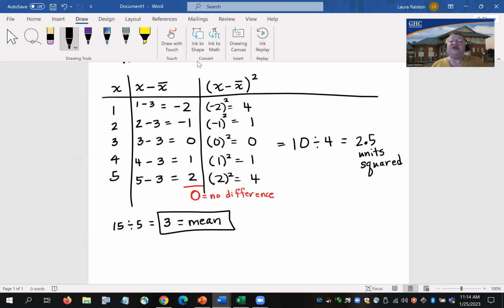So one of the benefits of the standard deviation is that the units are no longer squared, which benefits the interpretation. The interpretation is easier or makes more sense.